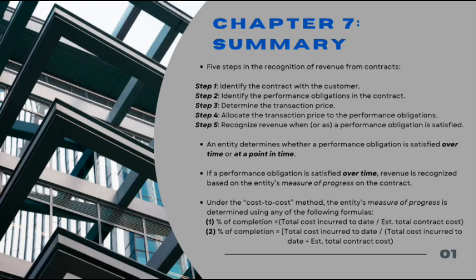Next, under the cost-to-cost method, the entity's measure of progress is determined using any of the following formulas. So, for the first formula, for the percentage of completion, this method uses cost incurred as a percentage of total estimated contract cost to measure the progress. Next formula, for the percentage of completion, this formula provides a slightly different approach to calculate the percentage of completion.